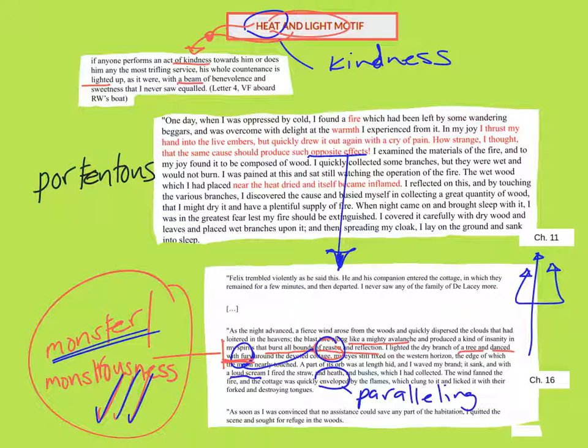Okay, so that transformation there, that decaying transformation, or transformation of decay, if you like, into monstrousness, is achieved there. The thing which the creature sought, and just above that, "gave him delight at the warmth and the joy he experienced from it."